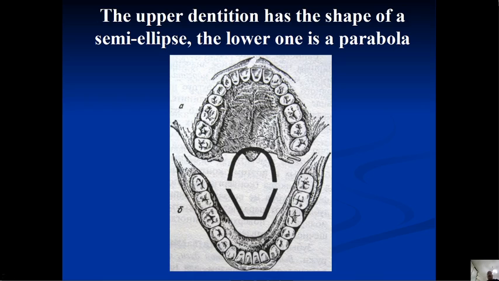In the normal bite, you have four types of normal bite: orthognathic, biprognathic, straight bite, and physiological progeny.